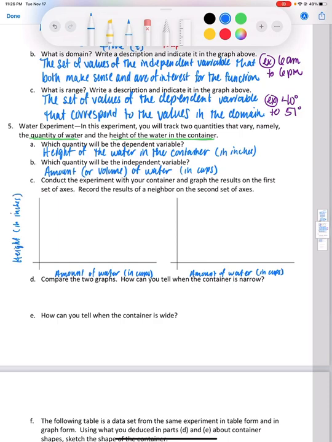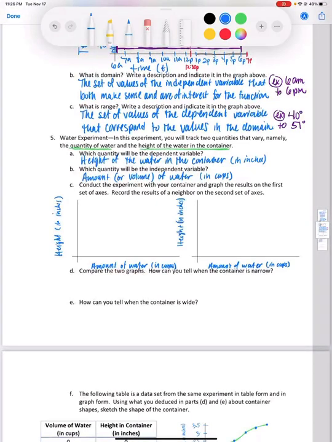Same thing for this set of data. All right. Okay, so we're going to do our experiment. Now our experiment will be recorded on two graphs, on a graph here. I'm going to just put the numbers in here on the side. So we have our volume and our height.